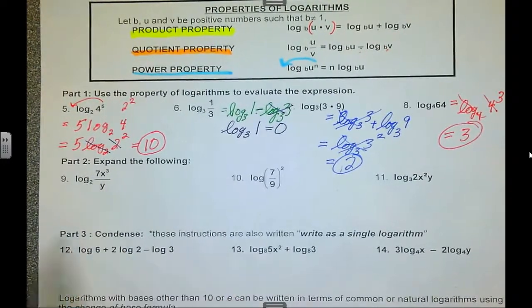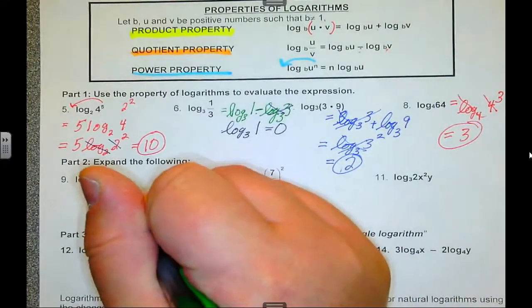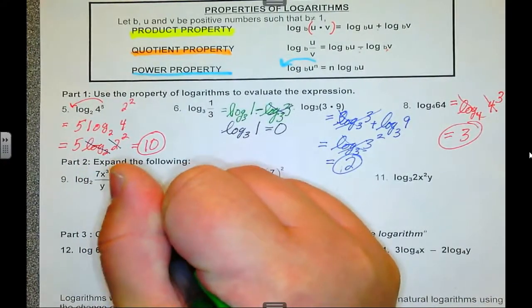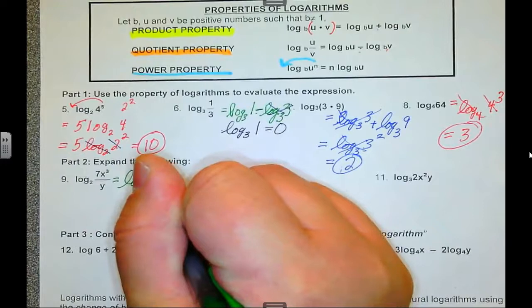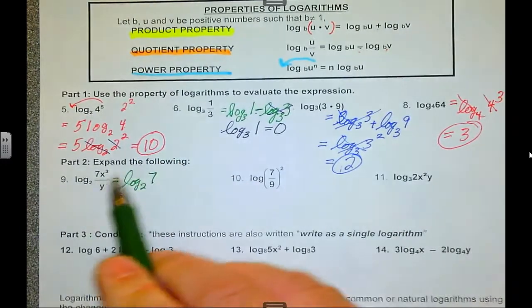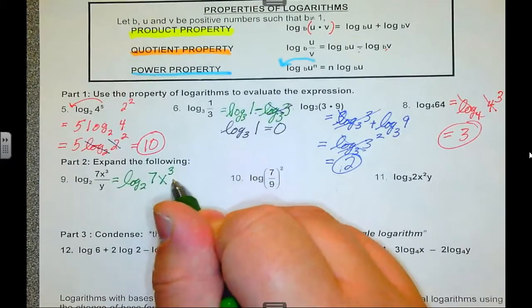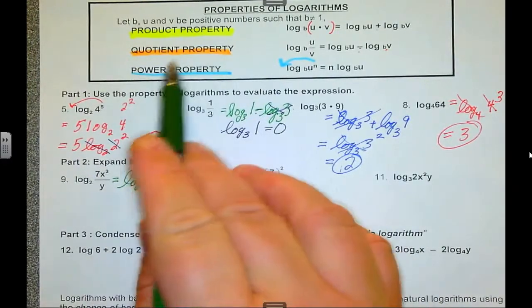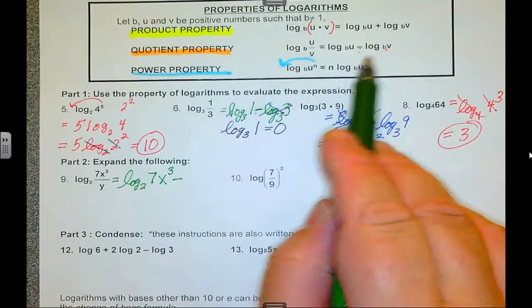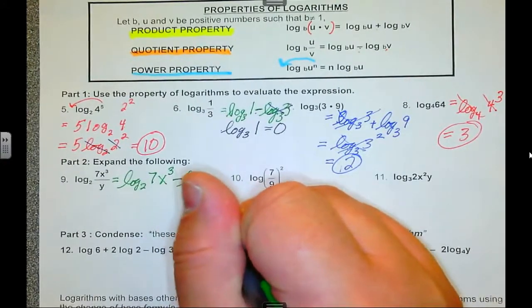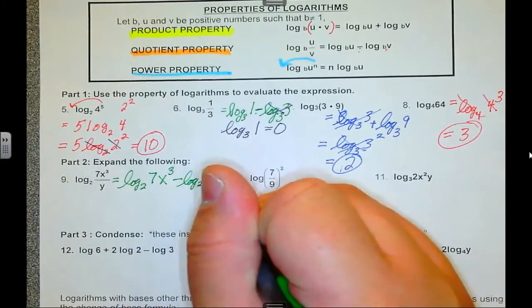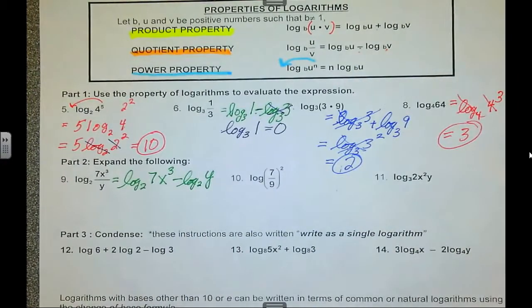However, I do have a quotient here, right? So this equals log base 2 of 7x cubed minus, because I'm going to use the quotient property, minus log base 2 of y, the denominator.